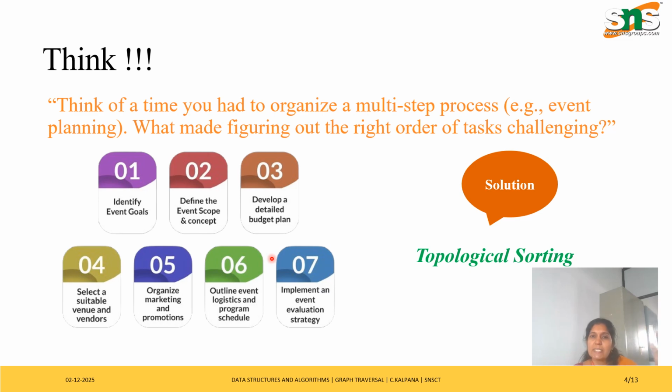One step is dependent on another step. Once we achieve the first step only, then we can go to the next step and next. This is the order we follow. Like this, if you want to perform things in order, we need a sorting which is nothing but topological sorting.